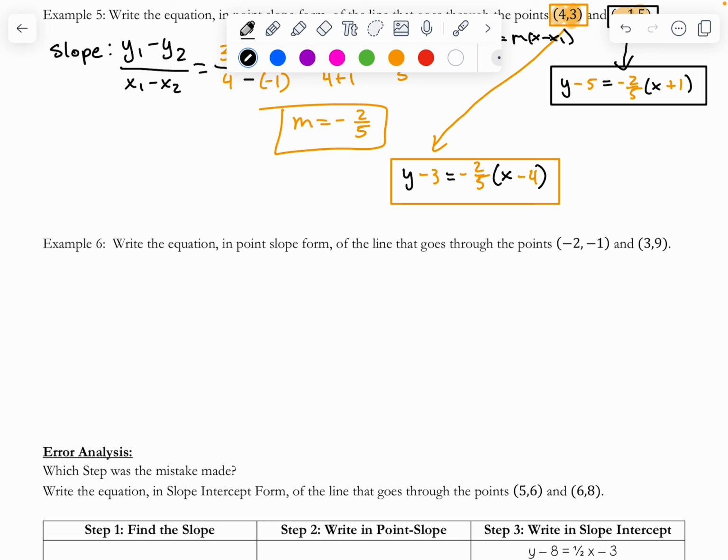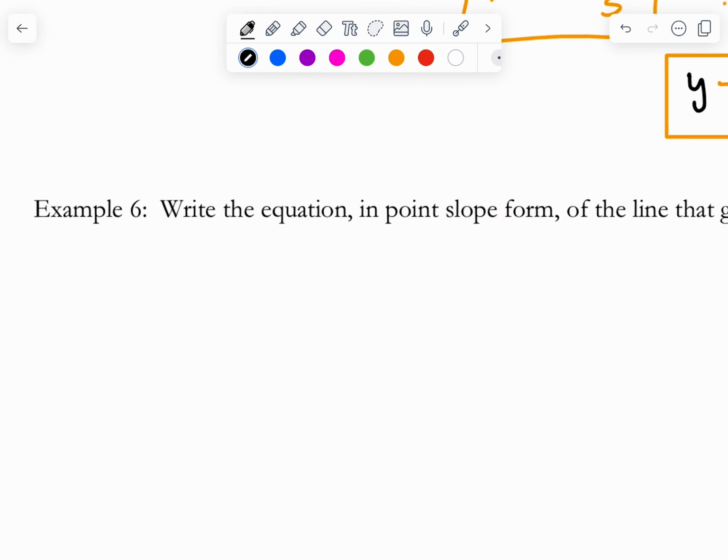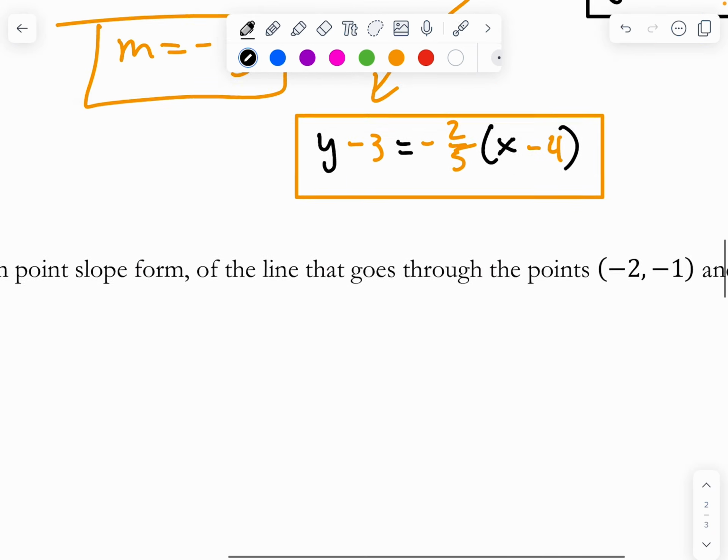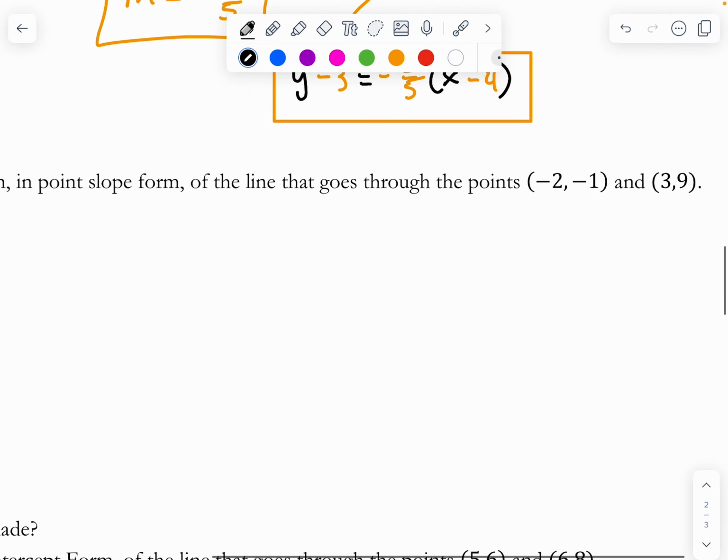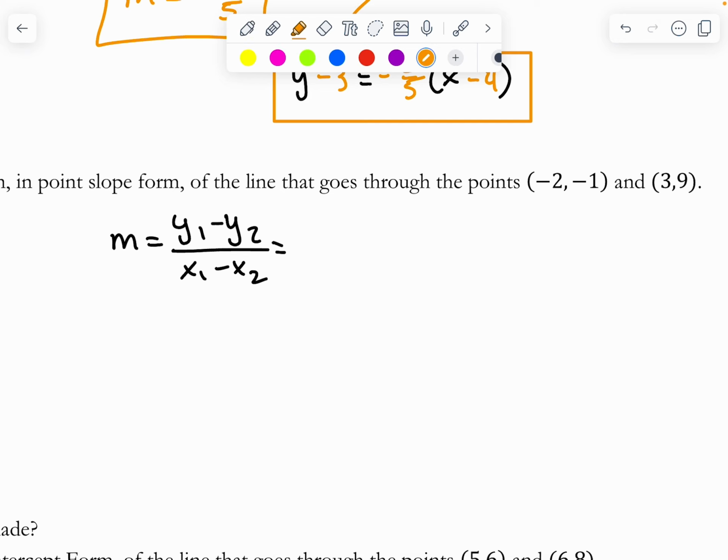Okay. Remember, we're going to use the same exact slope formula. So my slope formula is m is equal, oh, the lag is real, y1 minus y2, right? My first y minus my second y over my first x minus my second x. All right, let's go ahead and write this in.